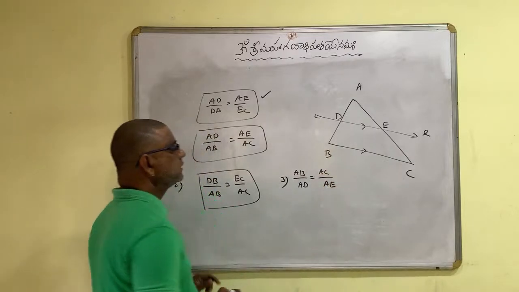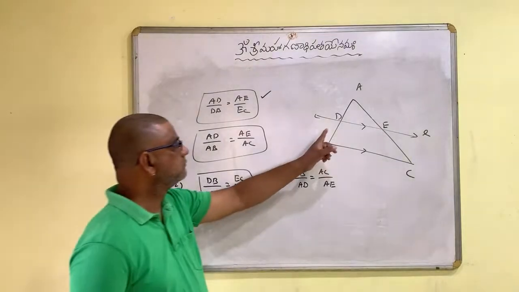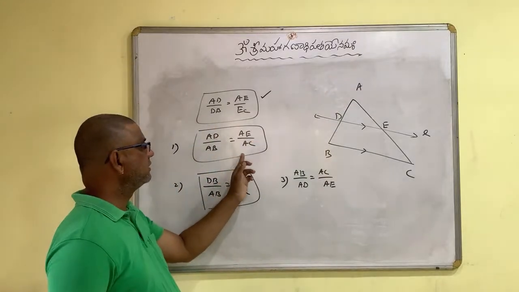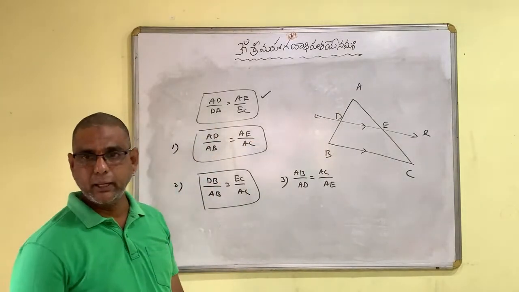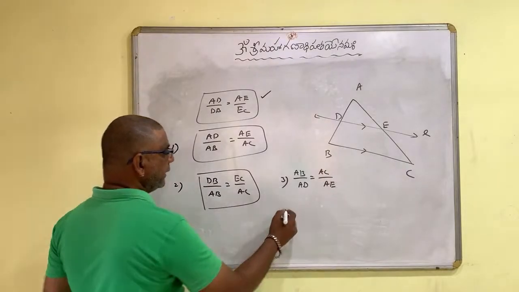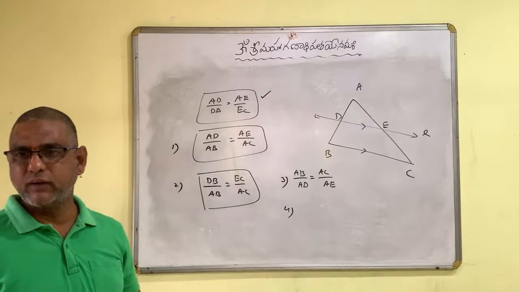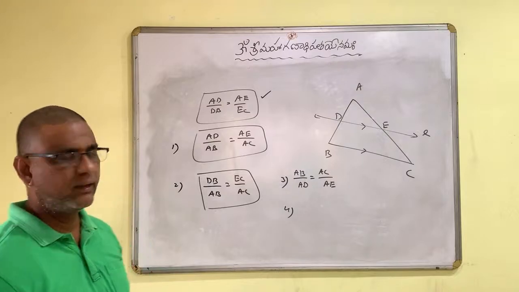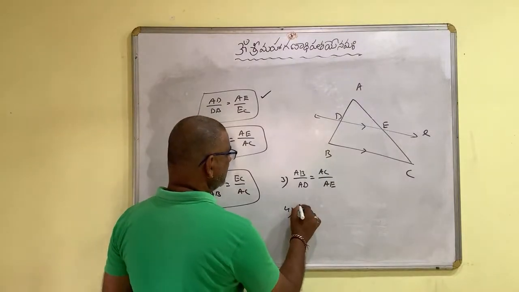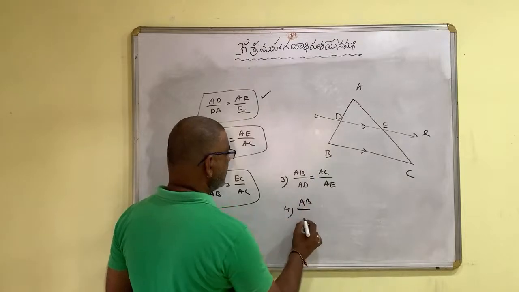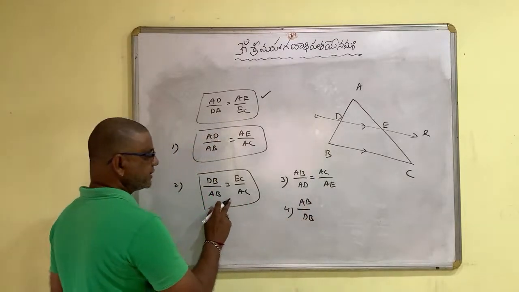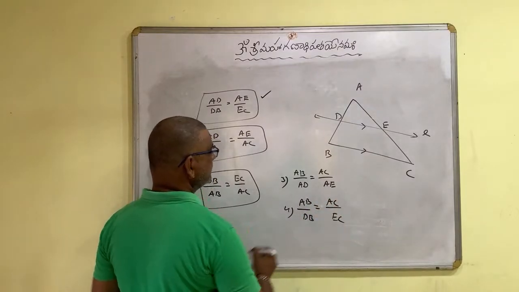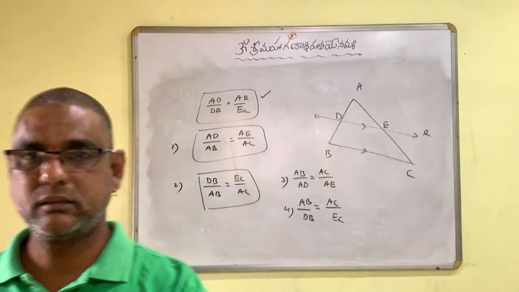This is the third corollary: AB by AD, the inverse ratio of the first one, is also equal. And the fourth one, what is it? Amulya, what is it? AB by second part DB, the inverse ratio, equals AC by EC. These are the four corollaries.